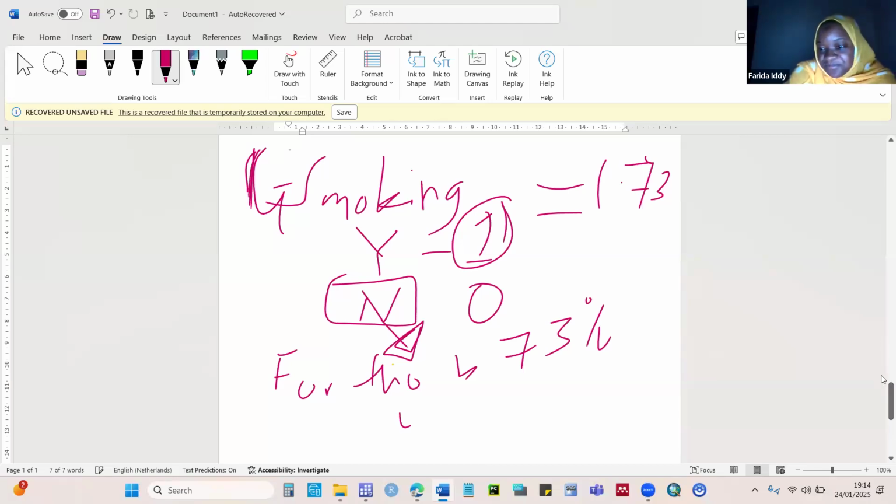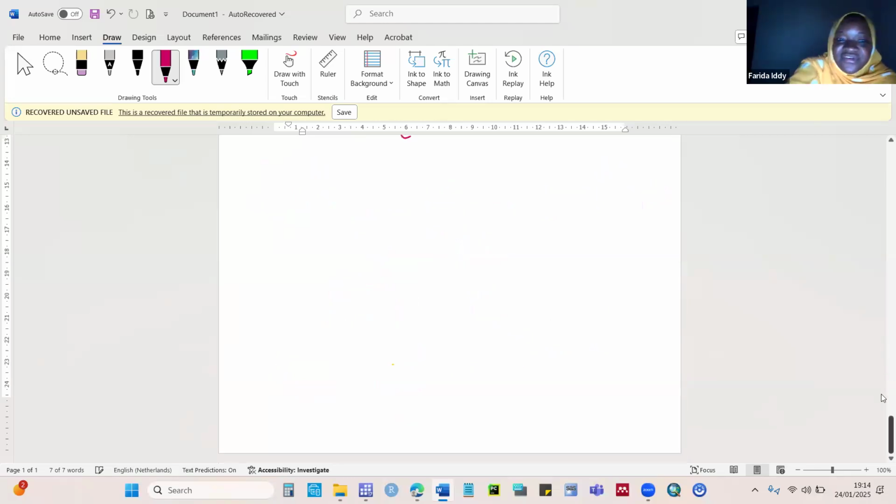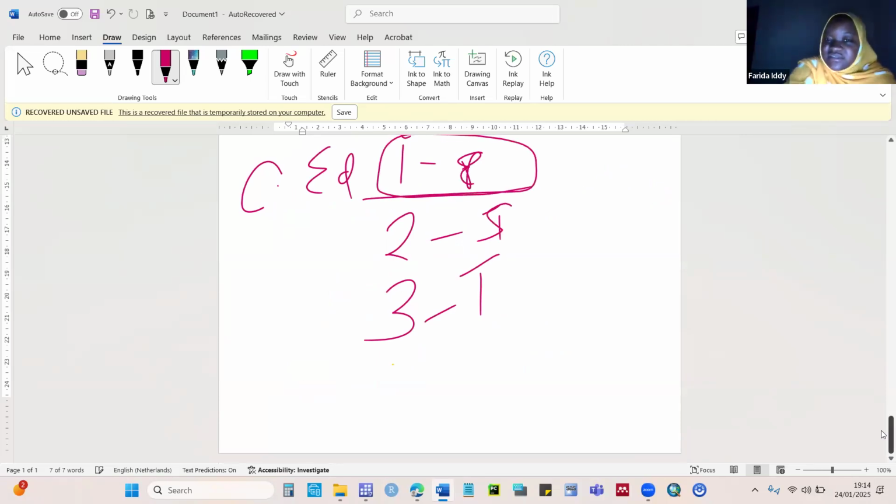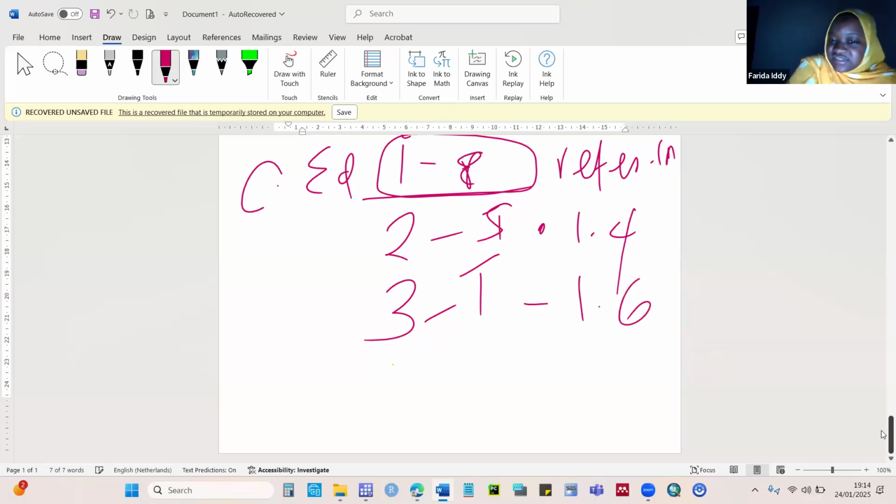But sometimes you might have a categorical variable, let's say education level, which has 1, 2, 3. Maybe this one is primary, this is secondary, this is tertiary. So this one will be taken as the reference group. So let's say in secondary you have 1.4, and in tertiary you have 1.6.